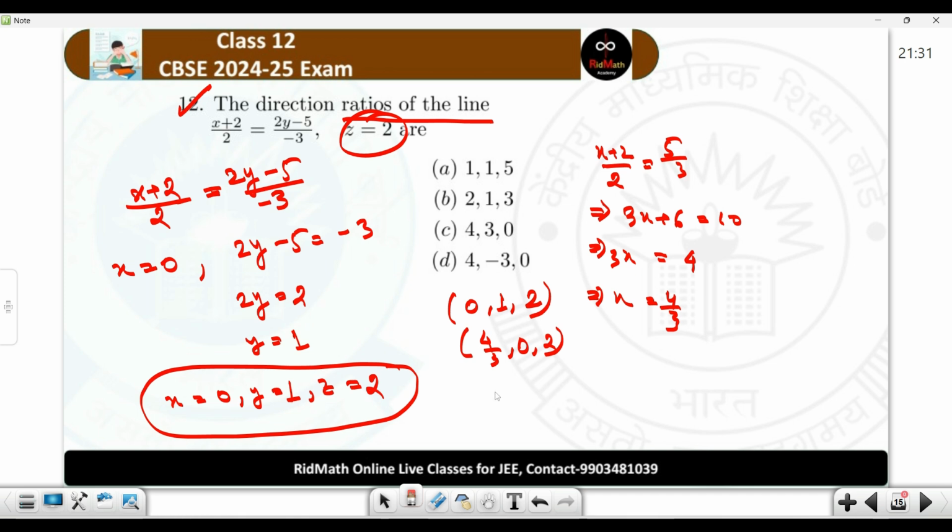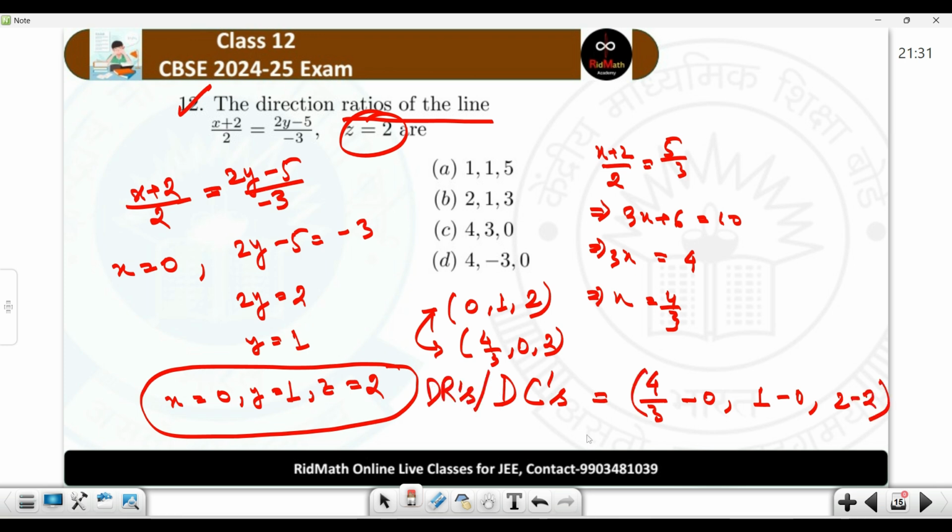So now the direction cosines. We have got 2 points, and from these we are finding the direction cosines or the direction ratios. Both are the same because they are proportional. So that means (4/3 − 0, 1 − 0, 2 − 2). These are the direction ratios or direction cosines, whatever, both are proportional.